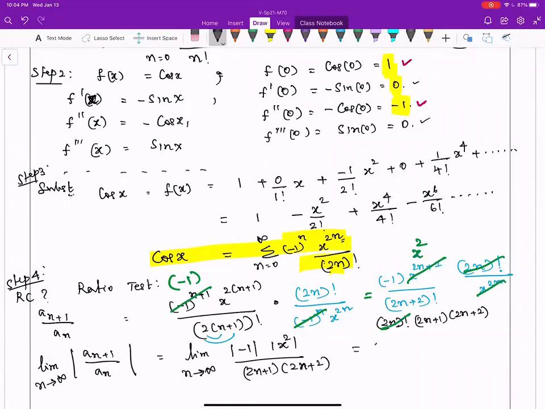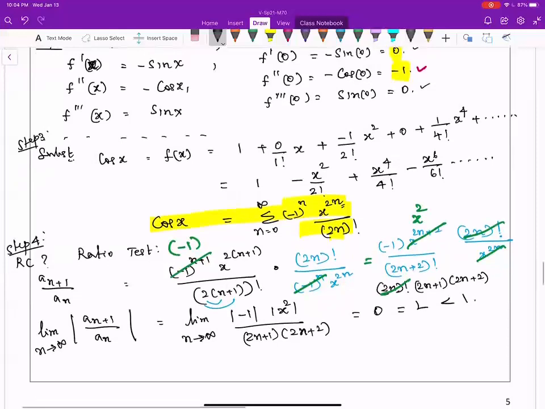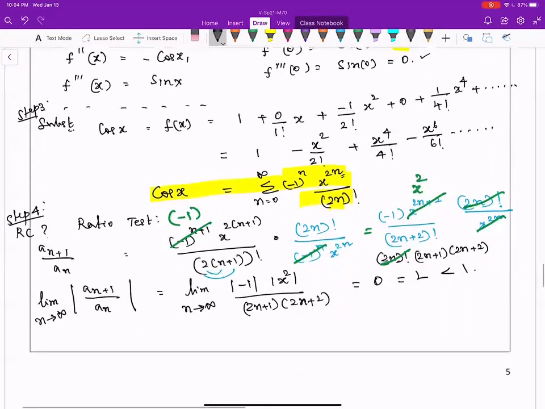All this will become 0 because the denominator is involving n. So by ratio test, this limit is smaller than 1. Therefore, the Maclaurin series for f of x converges, and it converges for all values of x.